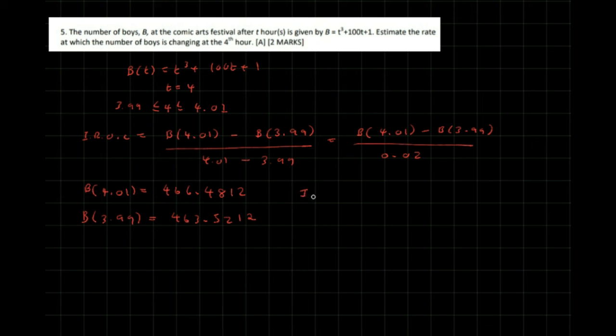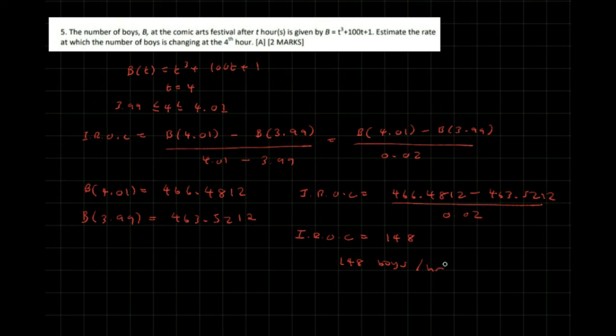Then if I plug this in to find my instantaneous rate of change, 466.4812 minus 463.5212 divided by 0.02, the instantaneous rate of change here is equal to 148. Okay, so there's basically going to be 148 boys per hour at the 4th hour. Okay, so that's what the instantaneous rate of change is.